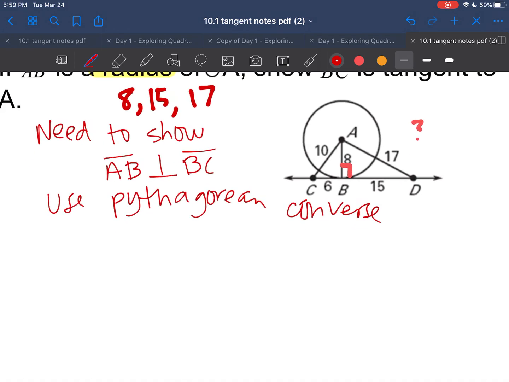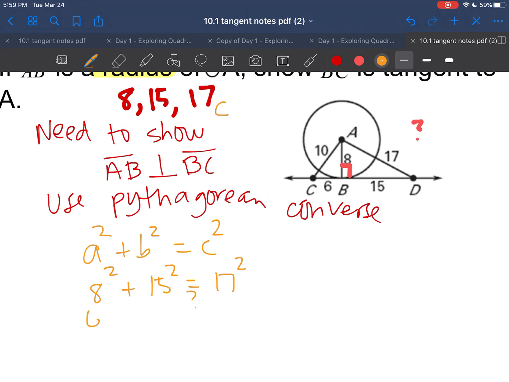Let's do that. Remember that your biggest number is your c. I'm looking to see, does a squared plus b squared truly equal c squared? Let's plug it in. Does 8 squared plus 15 squared equal 17 squared?